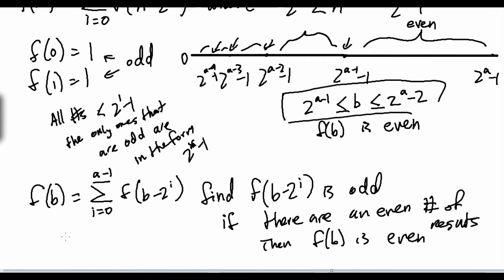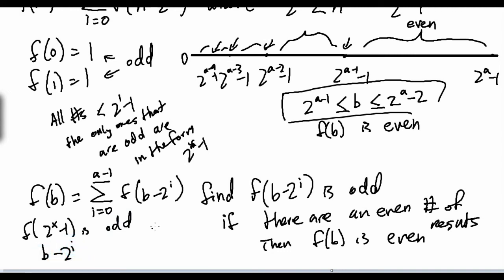So let's say we know where the odd numbers are, right? We already know that F(2 to the x minus 1) is odd. So what if we put in b minus 2 to the i?